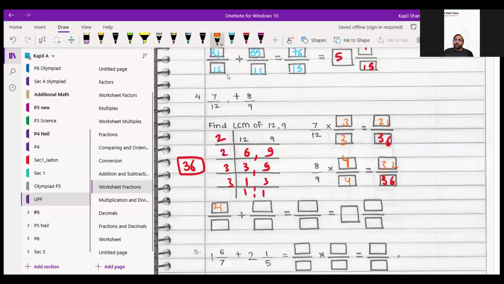It's 53, yeah. 21 upon 36 plus 32 upon 36. 21 plus 32 is 53. Now, as a mixed number, this would be 1 and 17 upon 36. Okay.